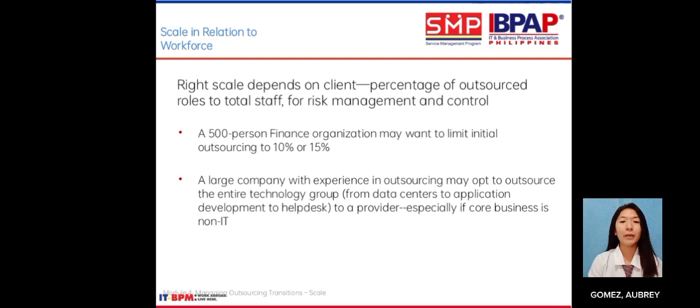A large company with experience in outsourcing may opt to outsource the entire technology group, from data centers to application development to help desk, to a provider, especially if its core business is non-IT.